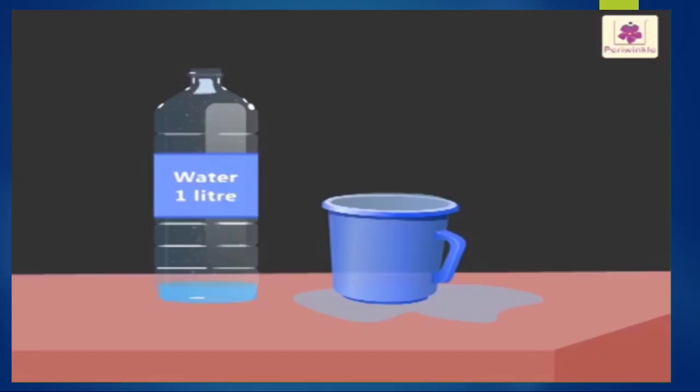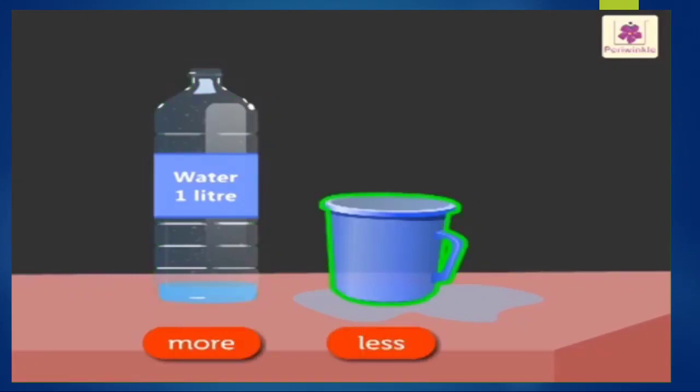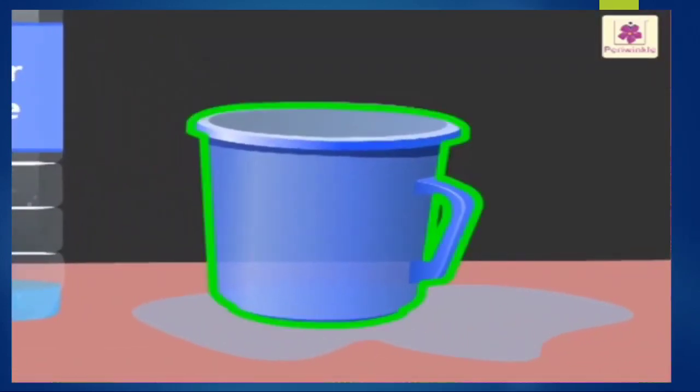Hence, we can say that the capacity of the bottle is more than the jar. That is, the bottle can hold more water than the jar. The amount of liquid a container can hold is called its capacity. Here, the amount of water that the jar is holding is called the capacity of the jar.